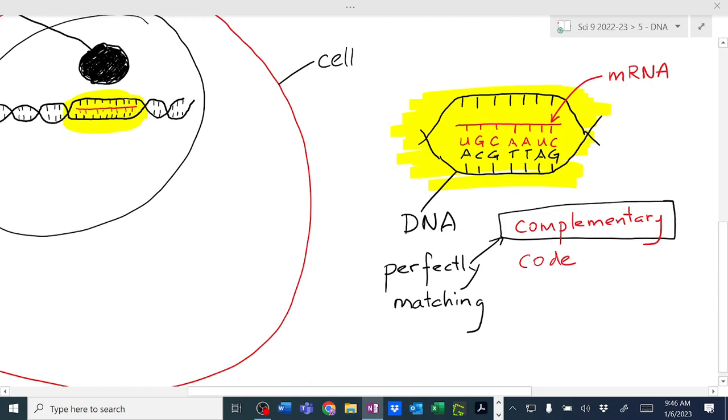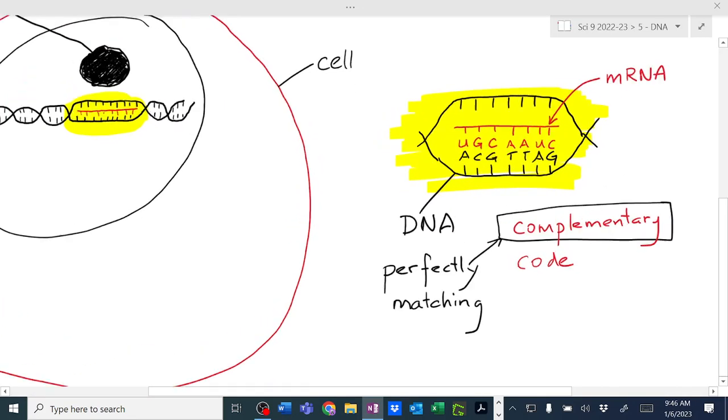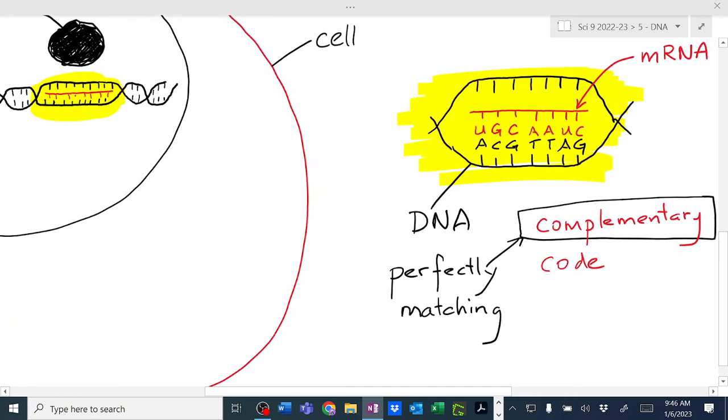So there we have our complementary code, that's our mRNA. So now the mRNA is out in the nucleus.